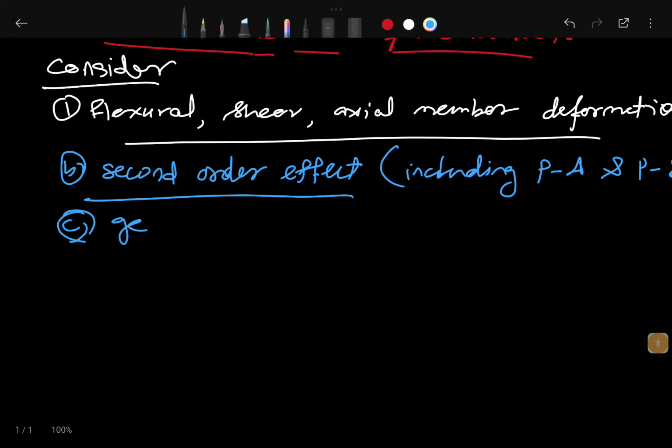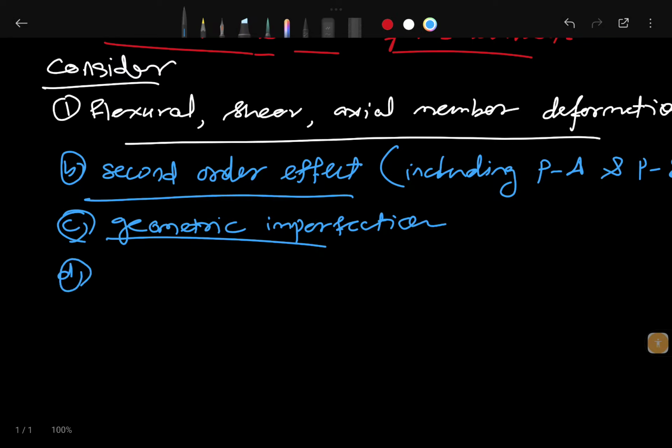Then geometric imperfection. This is very important when we design for stability. If everything is perfect but our structure's geometry is imperfect, then the structure can fail. Then the next point, stiffness reduction due to inelasticity.